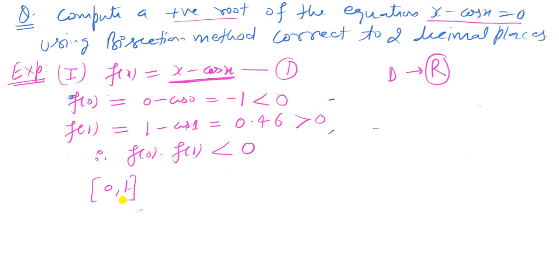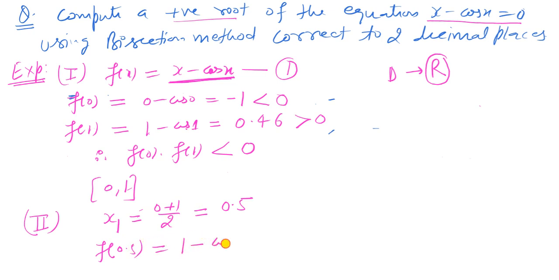Now in step 2 compute the first approximation to the root which is denoted by x1, and x1 is equal to 0 plus 1 upon 2 and this value is 0.5. Now compute the functional value at x is equal to 0.5. So f of 0.5 is equal to 0.5 minus cos 0.5 and this value is equal to 0.12 and this functional value is positive.